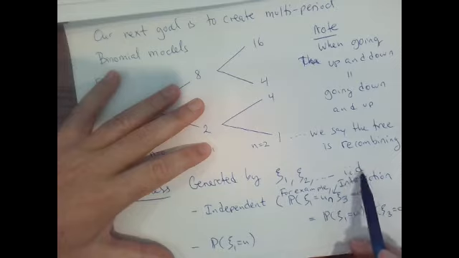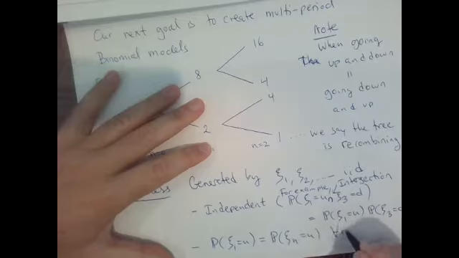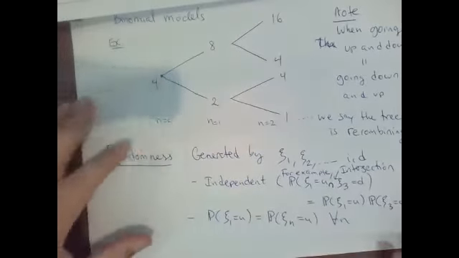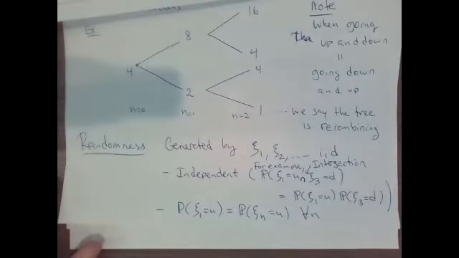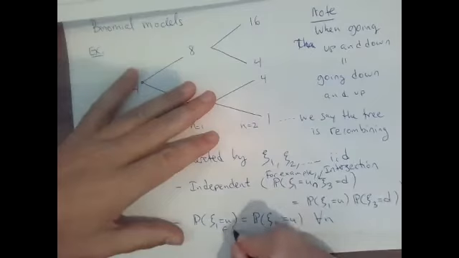So you also have identically distributed. That means that the distribution of all these individual random variables is the same. This is the same for all n. And this is a number. This is a number between 0 and 1.